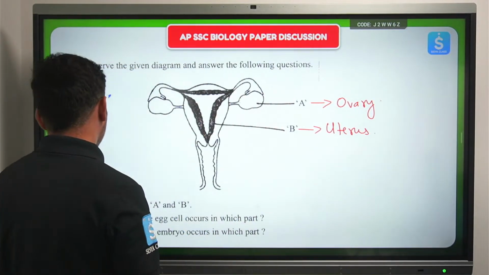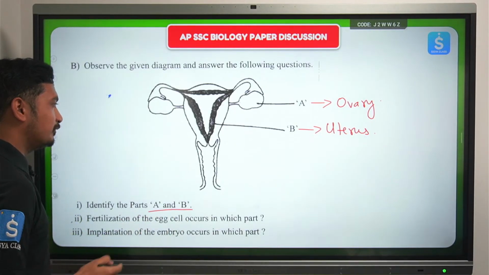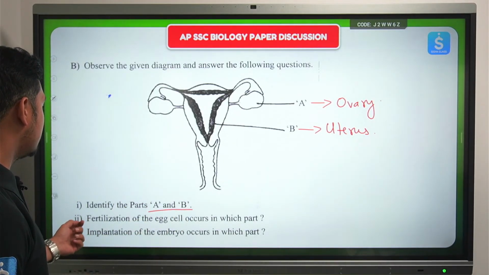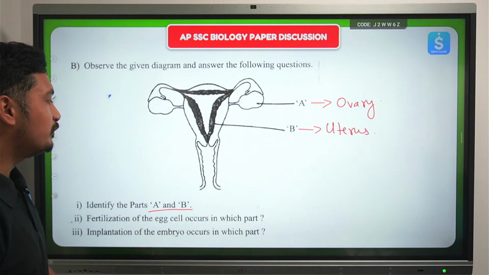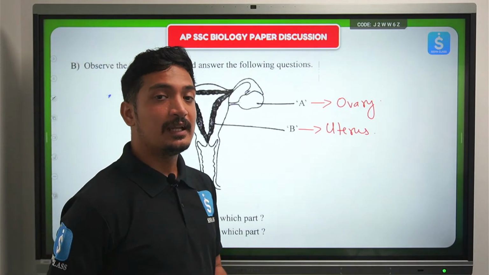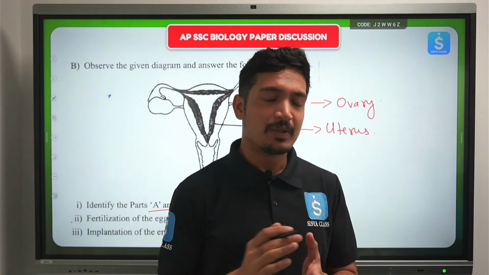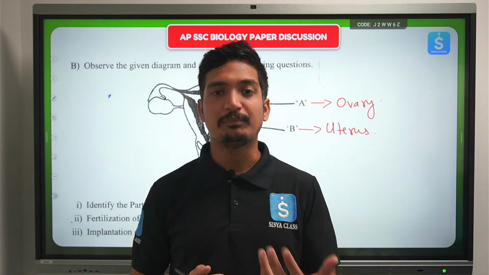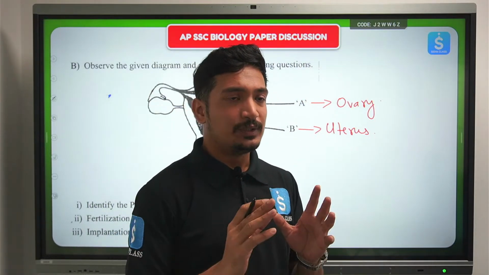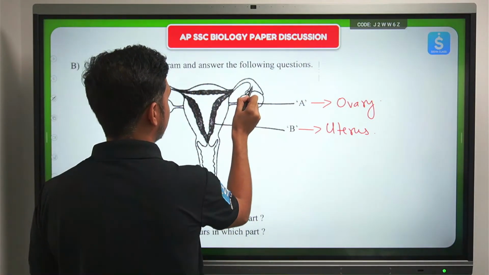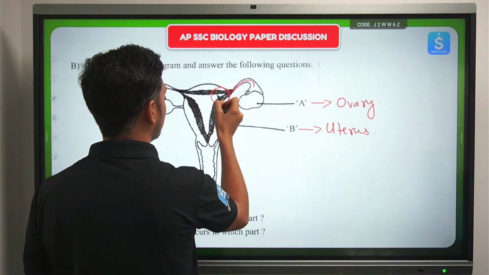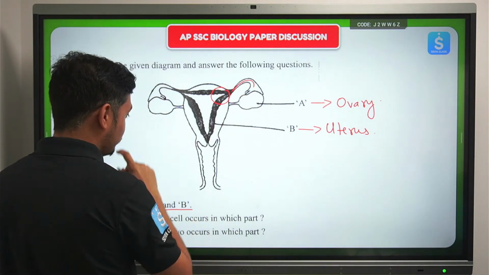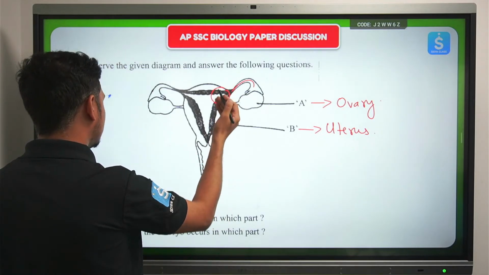Okay, so we have identified A and B from the diagram, and then the second question is: fertilization of egg cells occurs in which part? Fertilization means the mixing of the male and the female gamete. This usually happens in the fallopian tube, or at times just outside the fallopian tube in the uterus part, or the entrance of the uterine part.